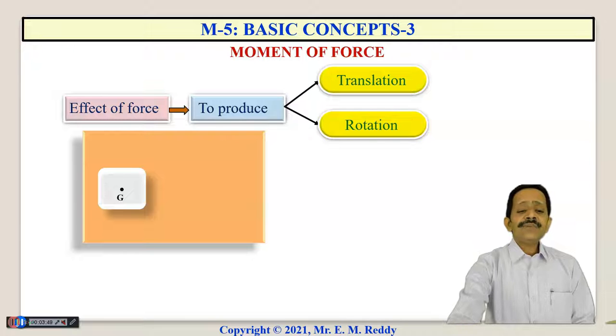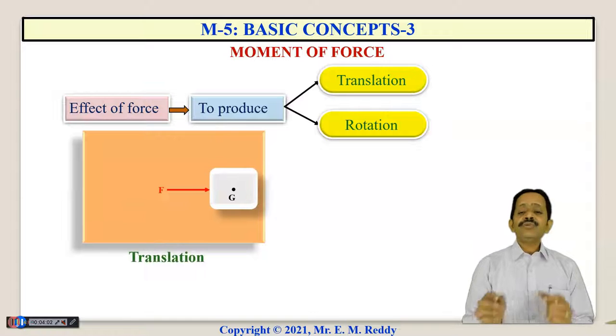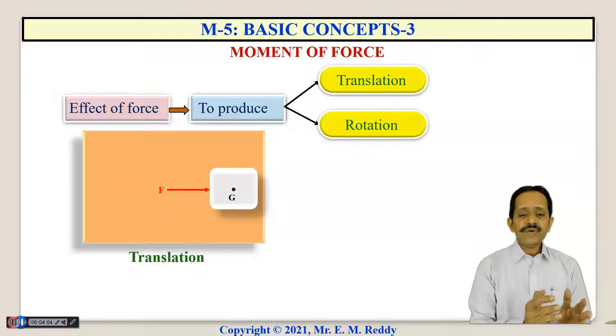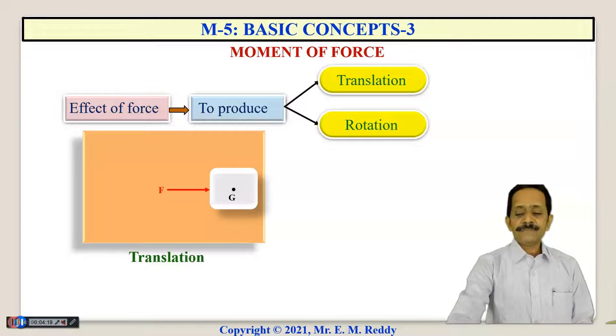Now, if a force is applied on the body in such a way that the line of action of the force is passing through point G, what is the effect of this force on the body? It produces translation, meaning the position of G is changing from one point to another. The moment there is a change in the position of the center of gravity, we can say that the body is having translation. So here the effect of force on the body is to produce translation.